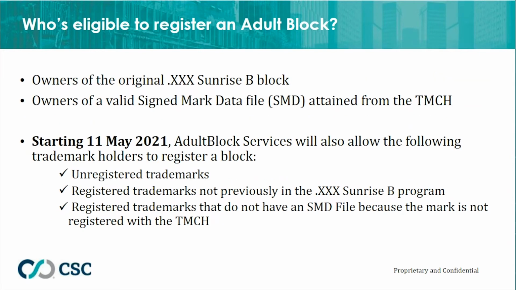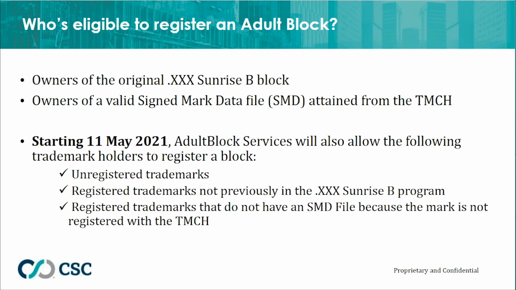So let's do a little bit of a deeper dive into the adult blocking mechanisms and take a look at who's currently eligible to register a block. There are different ways of qualifying for an adult block. One of the ways is by owning the original XXX Sunrise B. When the original XXX extension launched within the adult TLDs, trademark holders could register a block about 10 years ago to protect their brands.